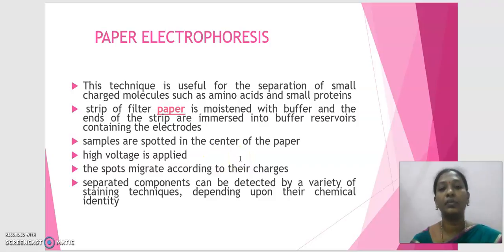Then high voltage is applied using a battery, which makes the charged particles migrate according to their charges. At last, the separated components can be detected by a variety of staining techniques depending upon their chemical identity.